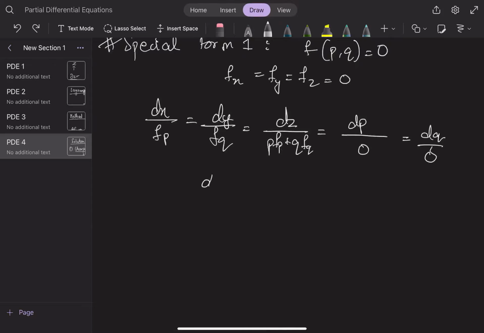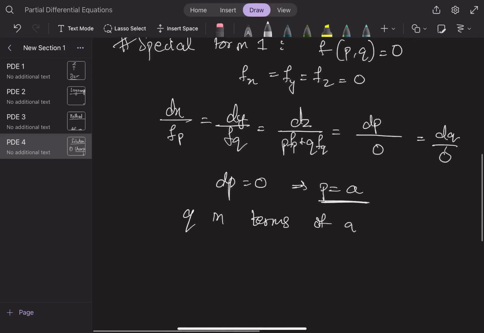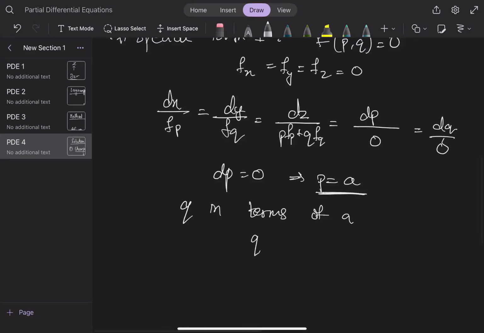So basically you get dp is equal to 0, so p is equal to a. So now you have the value of p. You can find q in terms of a using this, so you can just write q is equal to phi of a.